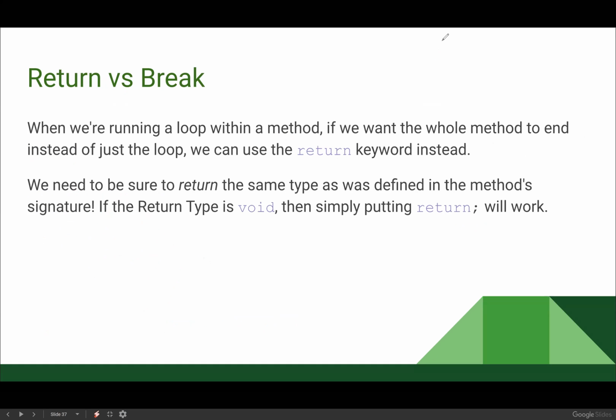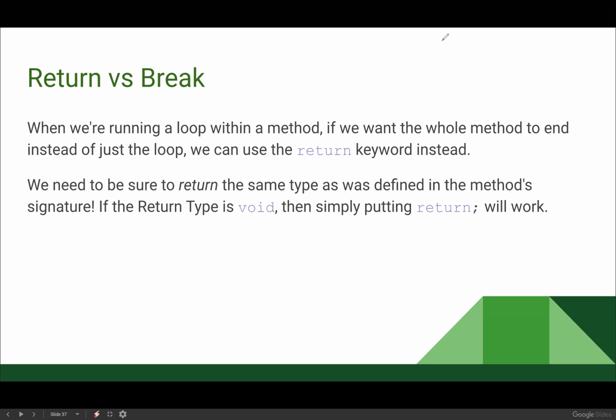When we are running loops within methods, which will often happen in our code, if we want the whole method to end instead of just the loop to end, we can return a value from the method. Just like when we learned about methods the first time, returning something from the method will instantly end the method.